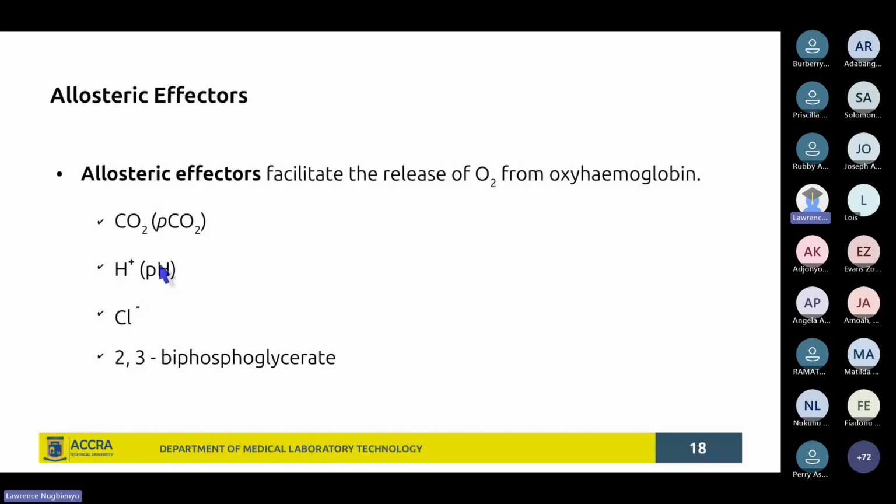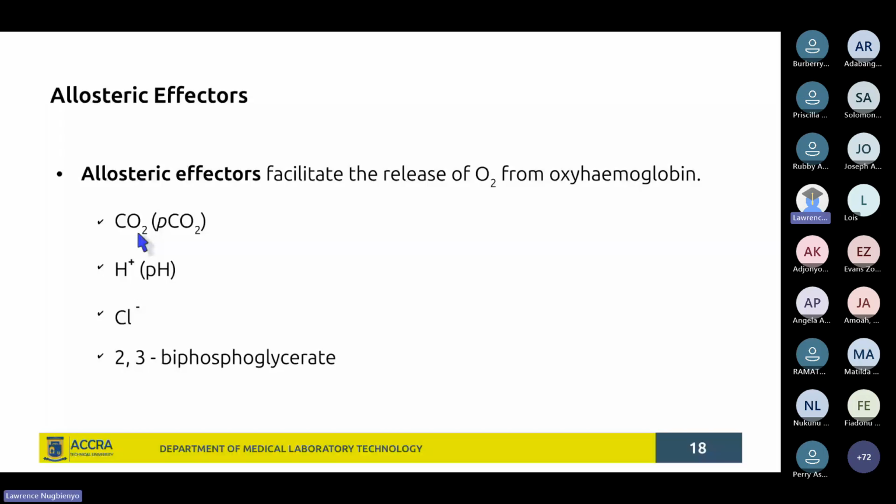The first of it is partial pressure of carbon dioxide. In the tissues, we have carbon dioxide there in more concentration than oxygen, because there you have biochemical processes occurring, what we refer to as cellular respiration, which is producing carbon dioxide as a byproduct.